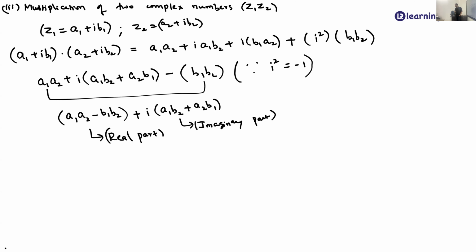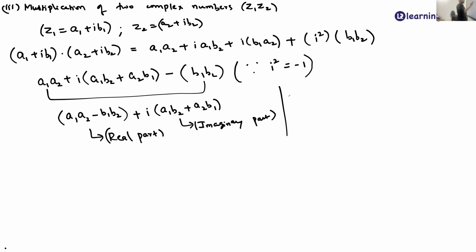Am I clear with this? So from this, can we conclude that whenever you are multiplying two complex numbers, you will get a complex number only, right?